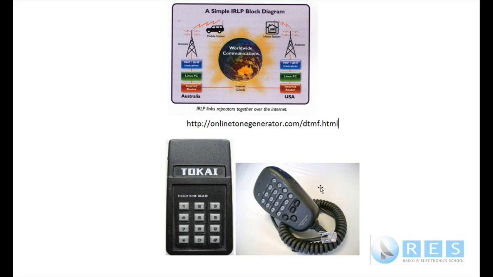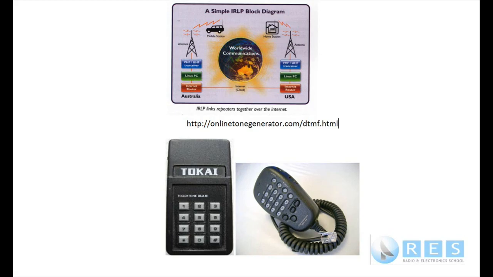You don't have to know what the acronym DTMF stands for. You just need to know that DTMF tones are audible, you can hear them, and they're used to control and switch repeaters. If a repeater was on top of a mountain and very hard to get to, for example, the repeater operator might set up a computer and a DTMF decoder and transmit to the repeater a DTMF code, and then the repeater would report back its power output.